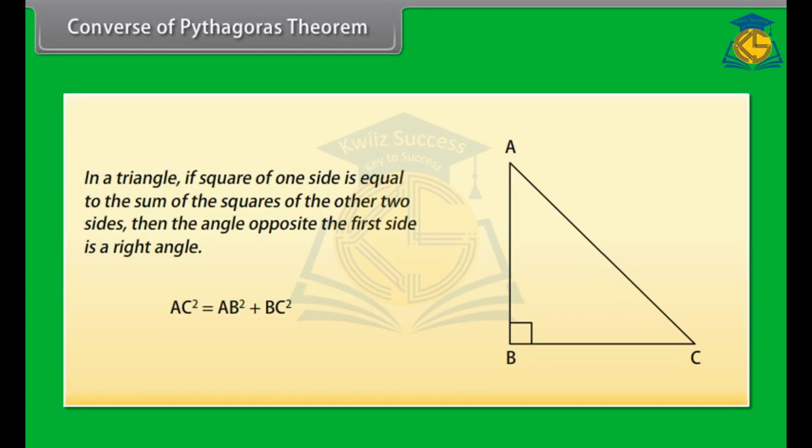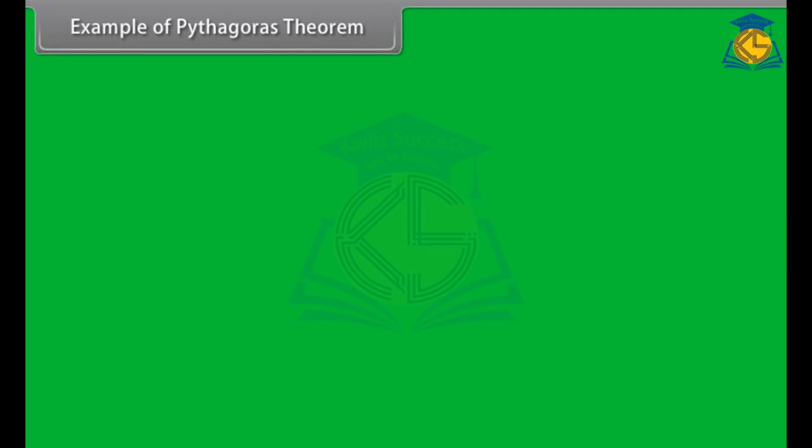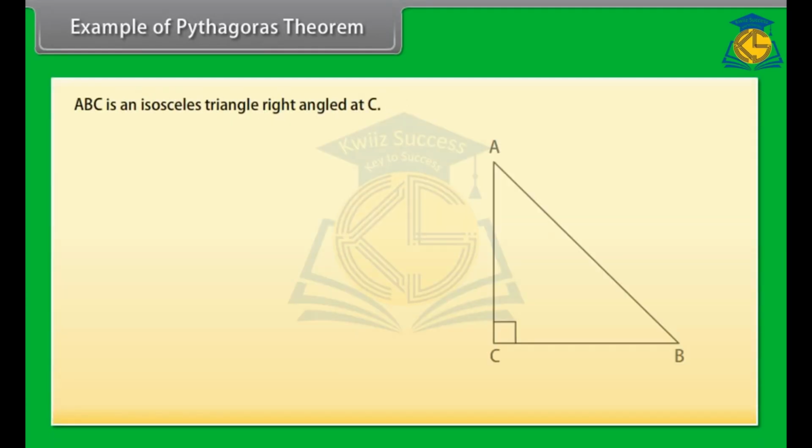Converse of Pythagoras theorem. In a triangle, if a square of one side is equal to the sum of the squares of the other two sides, then the angle opposite the first side is a right angle. Example of Pythagoras theorem. ABC is an isosceles triangle right-angled at C. Prove that AB square is equal to 2AC square.